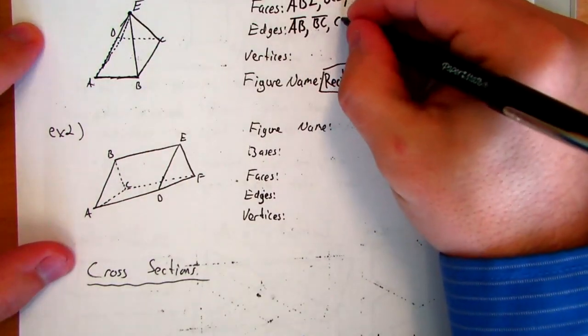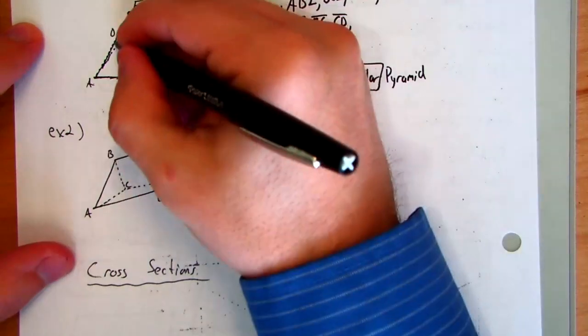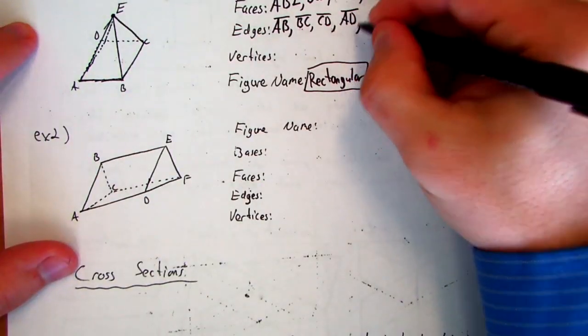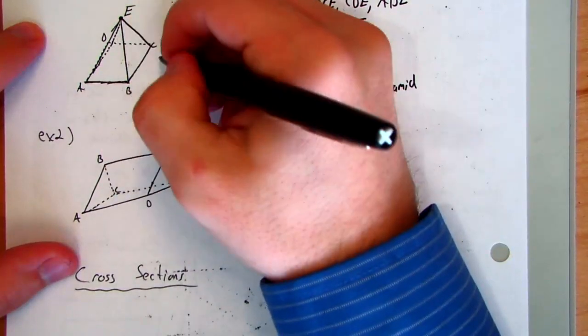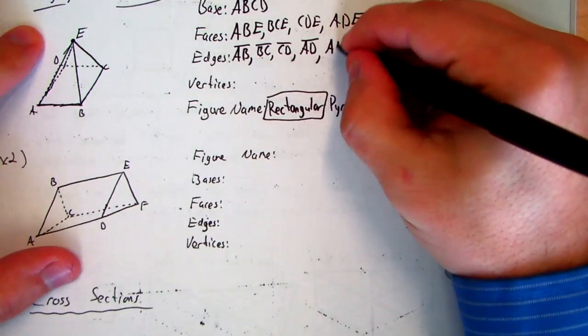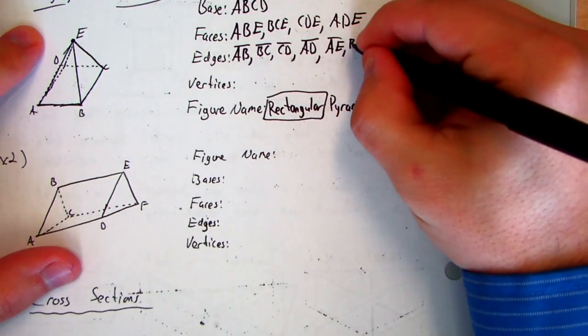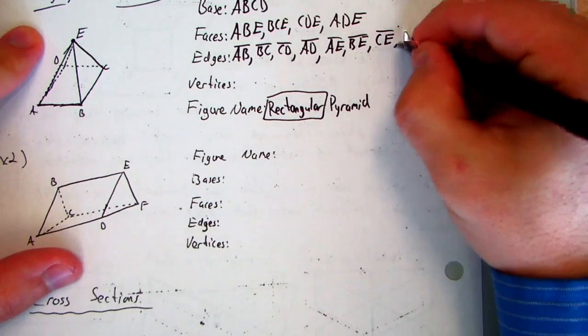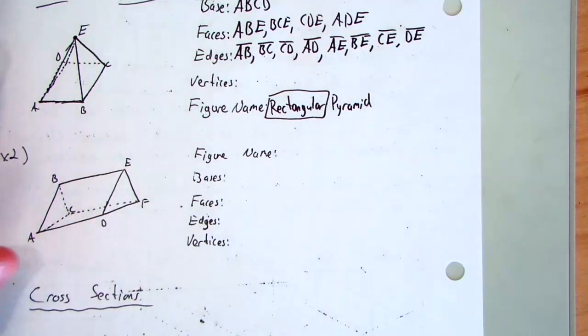And then we have each one of those letters also A up to E, B up to E, C up to E, and D up to E. And then the vertices would be all of the letters because they're on the corner. So A, B, C, D, and E.